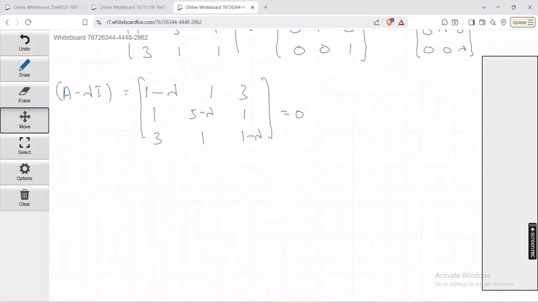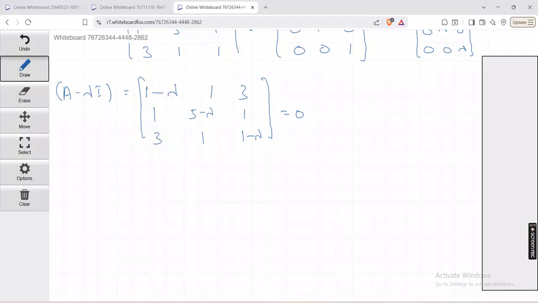Now, what will be our next step? If you remember, our next step is to take the determinant. This determinant will not leave us in linear algebra.